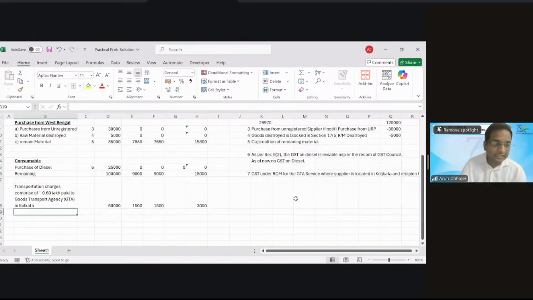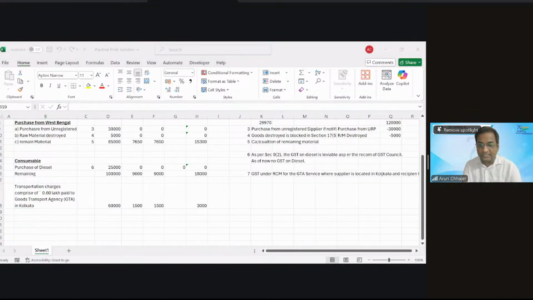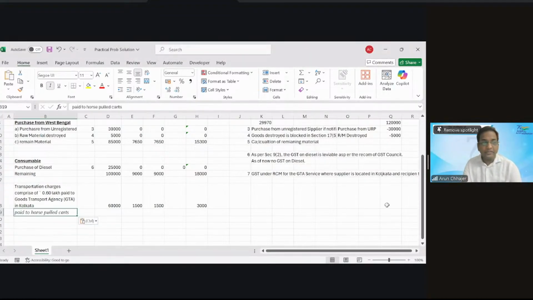Now the transportation charges paid to the horse pull cart. Will it be 5% or will it be 18%?